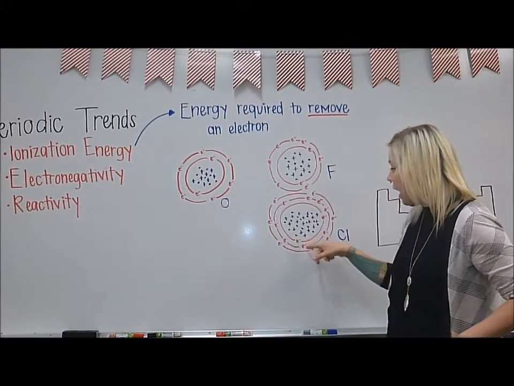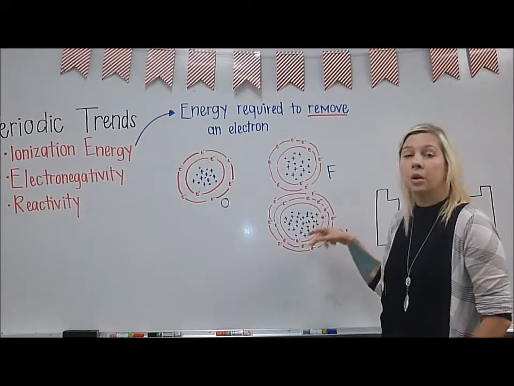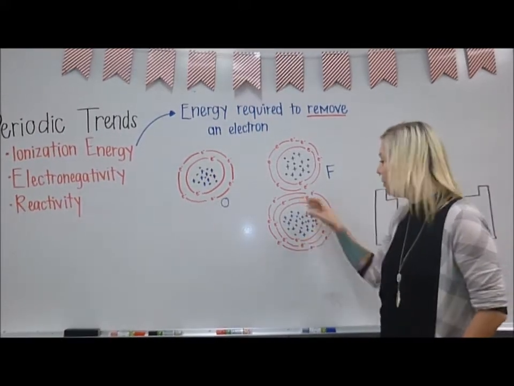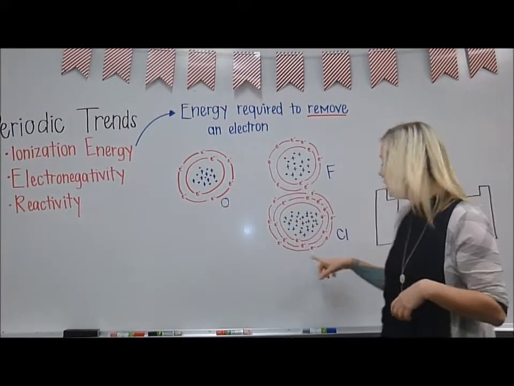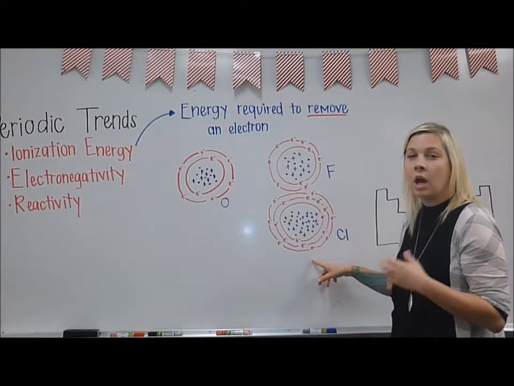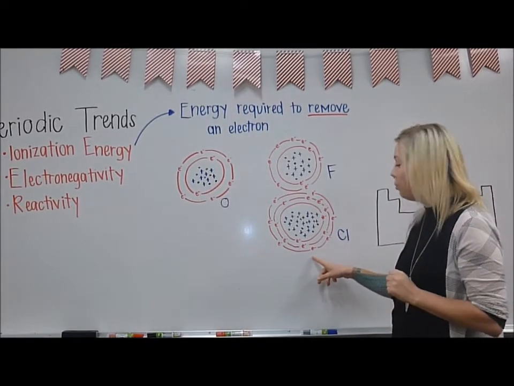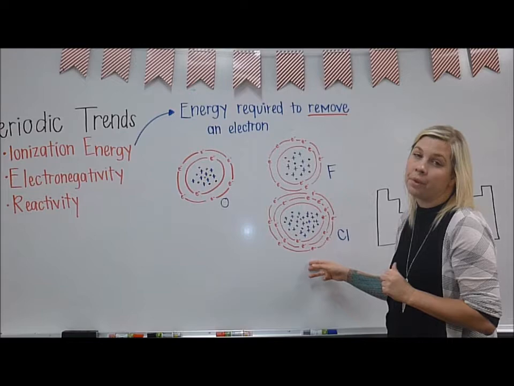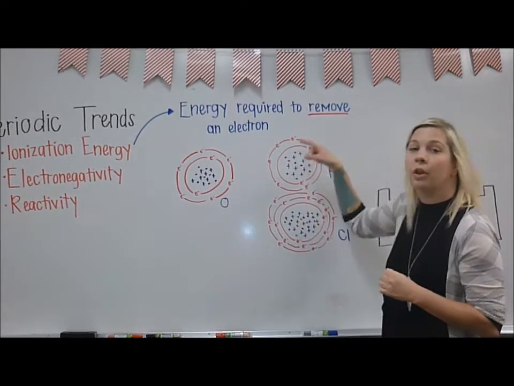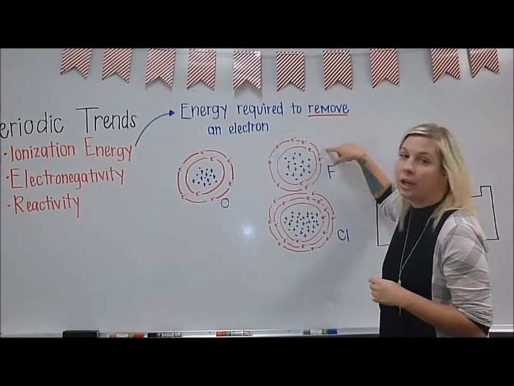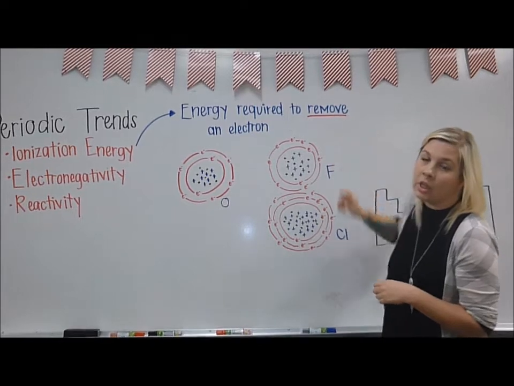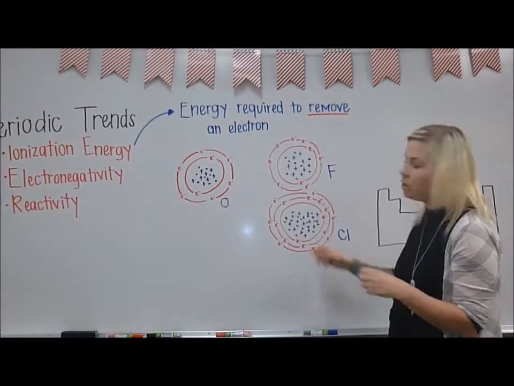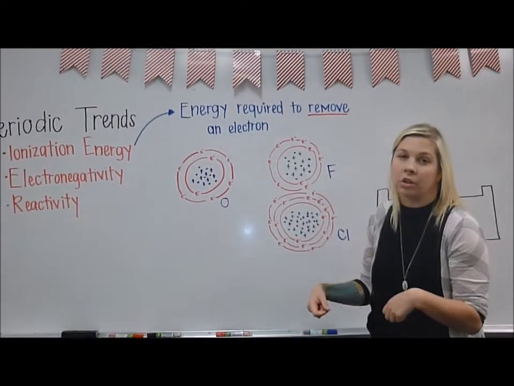Chlorine has 2 energy levels as its buffer from the protons pulling in, so it will be a little bit easier and require less energy to pull an electron off its outer shell. So fluorine has a higher ionization energy than chlorine does. It's easier to pull that electron due to nuclear shielding.